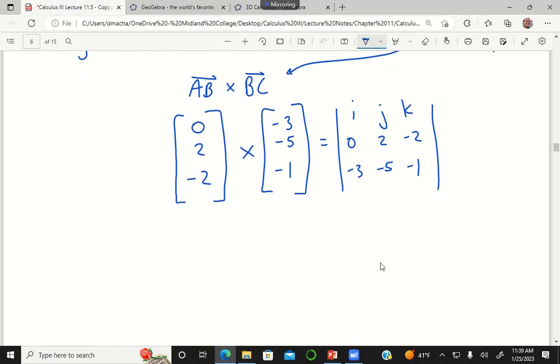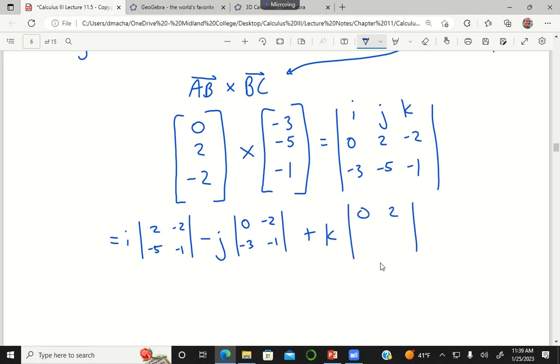And that will be i times the determinant of this matrix, minus j times the determinant of this matrix, plus k times the determinant of this matrix.